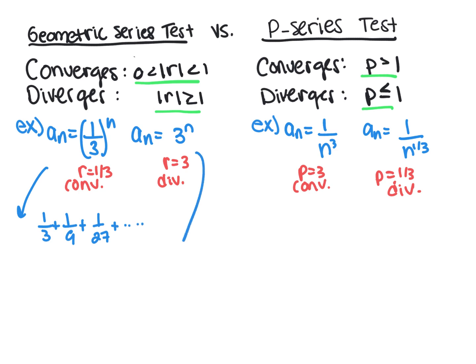Whereas this guy is 3 plus 9 plus 27 plus and so on. So it's pretty obvious that this guy is going to diverge because you keep adding up those bigger numbers and that sum is just going to keep getting bigger and bigger. There's no way that sum is going to approach a value.